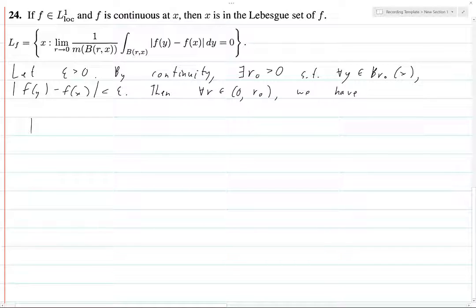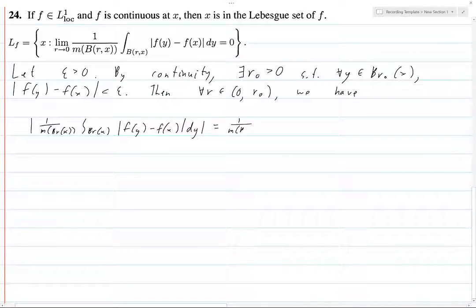We have 1 over the measure of the ball centered at x of radius r, times the integral over this ball of |f(y) - f(x)| dy, this whole thing in absolute value is equal to, well, the measure of this ball is positive, and we're integrating a positive function with respect to a positive measure, so this is going to be positive.